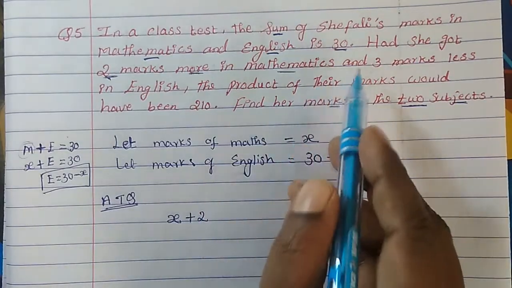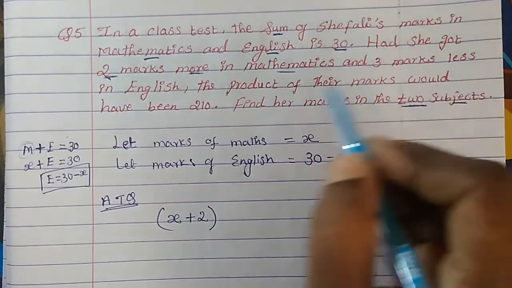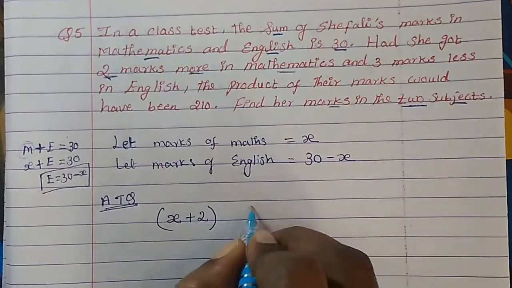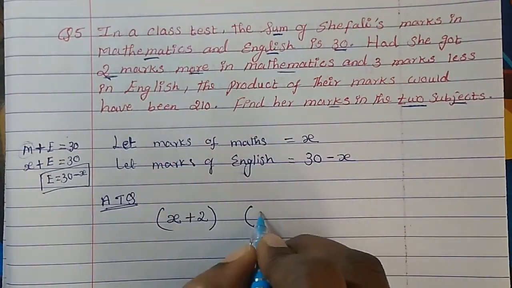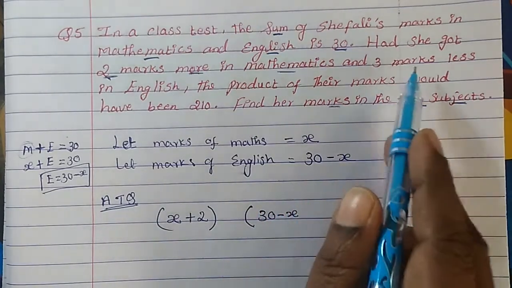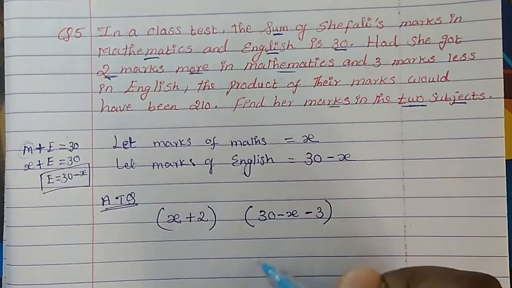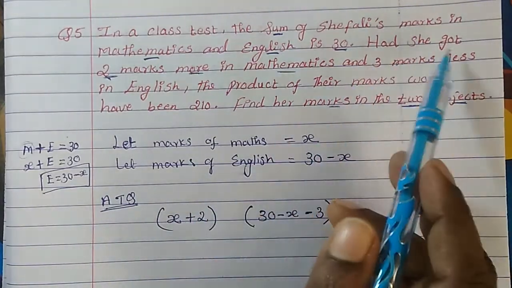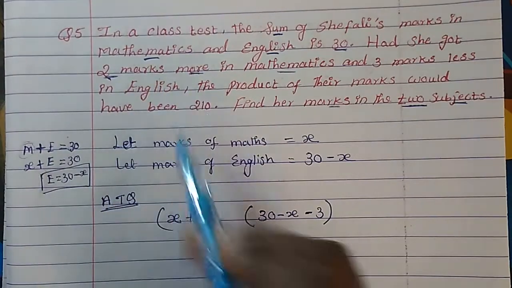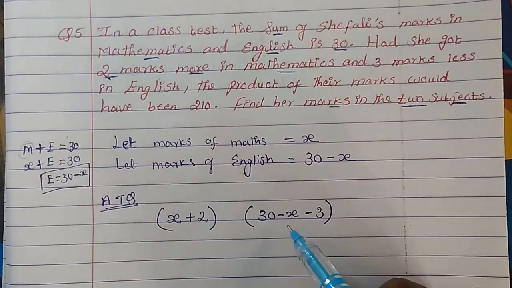And 3 marks less in English: English is 30 minus x marks, and 3 marks less means minus 3.